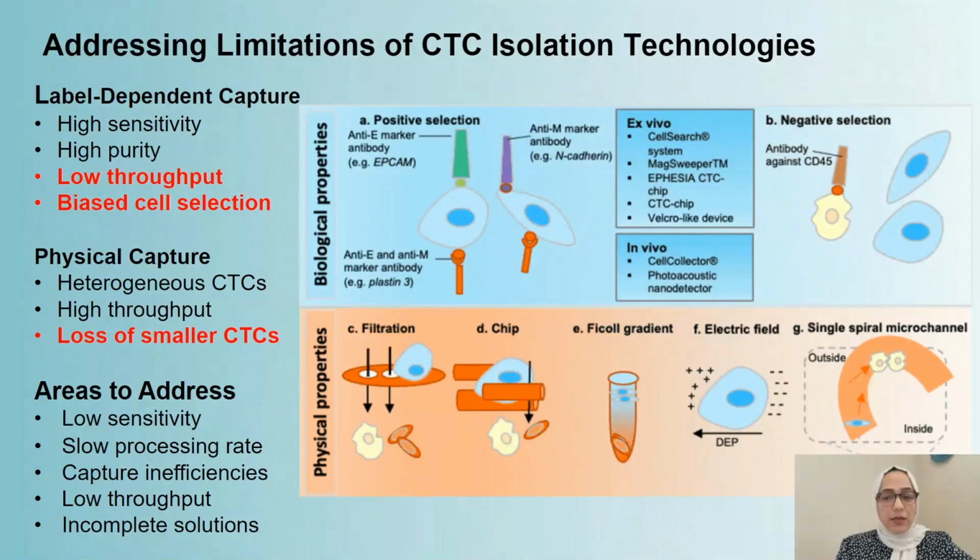However, some small CTCs can actually be lost during this process. The main limitations of existing methods are low sensitivity, long processing time, low capture efficiency, low throughput, and also incomplete solutions that don't cover all desired applications.